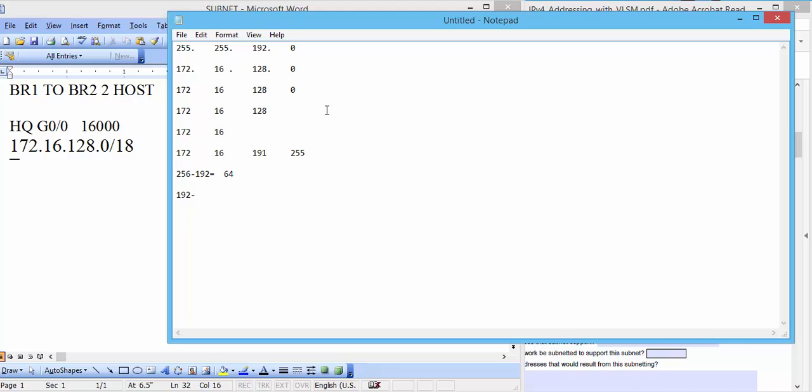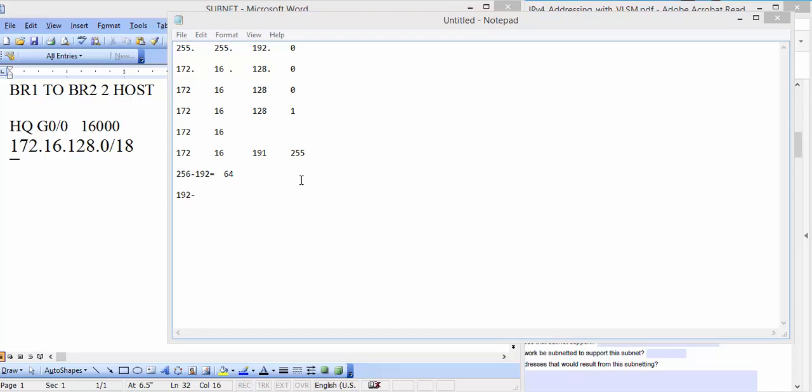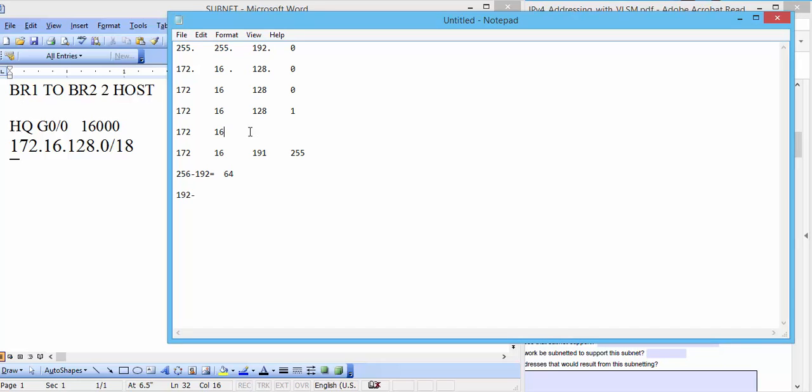When we add one to the 0, it is going to be 1. And now for the last valid host address, we start from the broadcast and work up from 191 of the third octet. We bring it up simply here, 191.